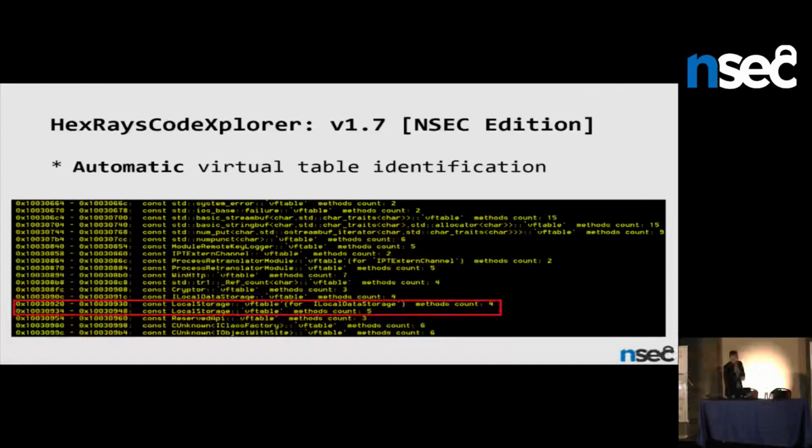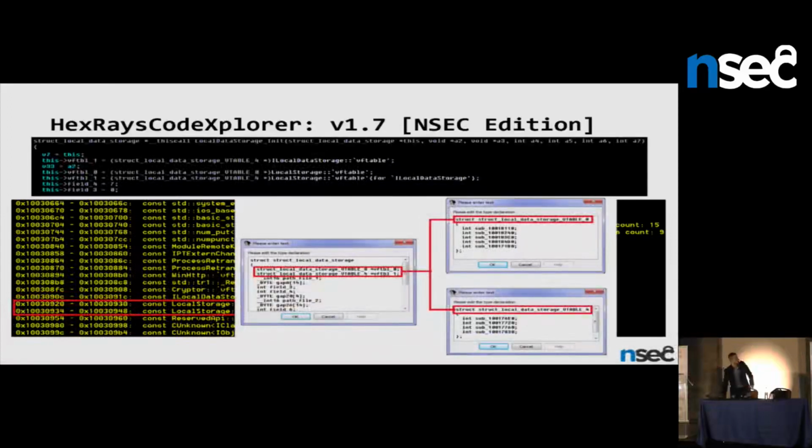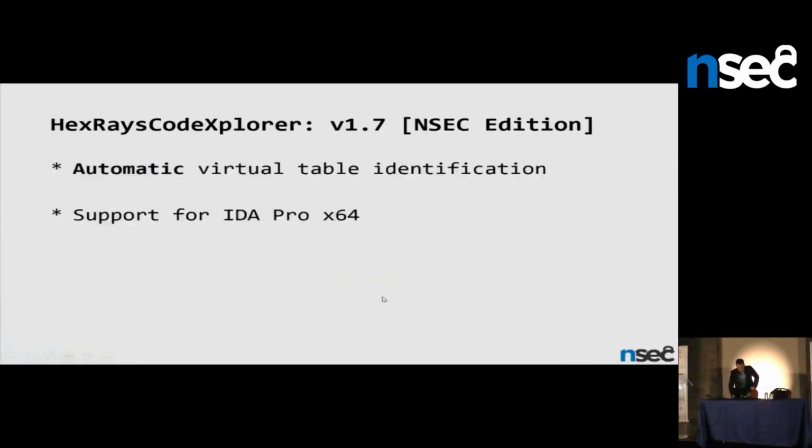And once we are reconstructing objects, we can create an automatically generated type here. For instance, this is the type for local data storage, and it has 2 virtual tables over here, this one and this one. We automatically generate these structures for this table and show them in these parts. And these are the tables which are located within the binary. This version supports IDA Pro 64-bit as well.